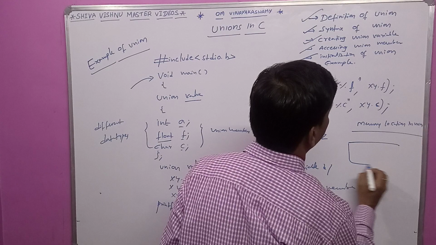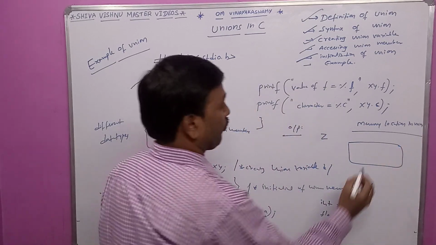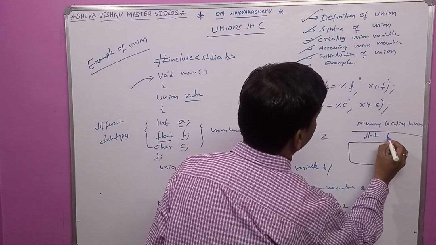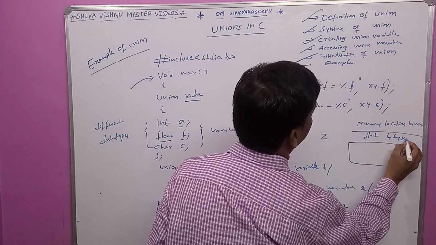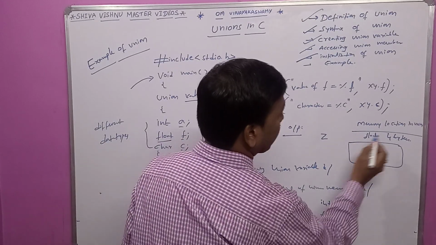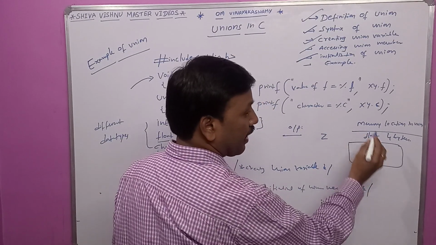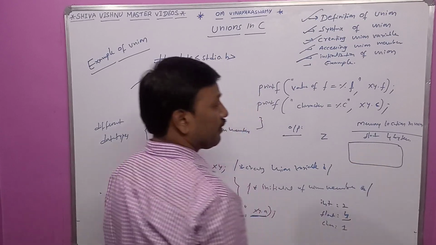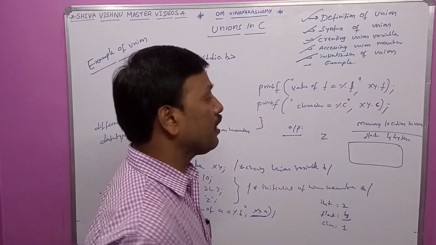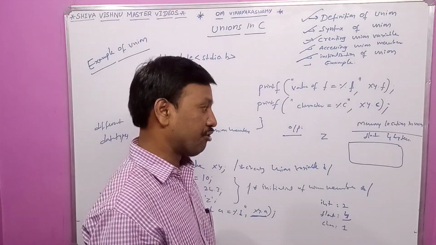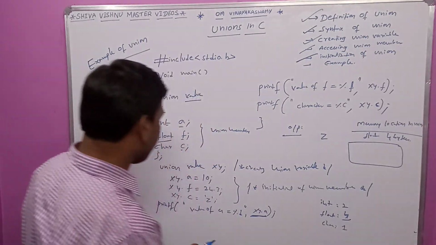Here you can see the float is 4 bytes. All the data is stored here only. The int, float and character data will be stored in a single memory location.